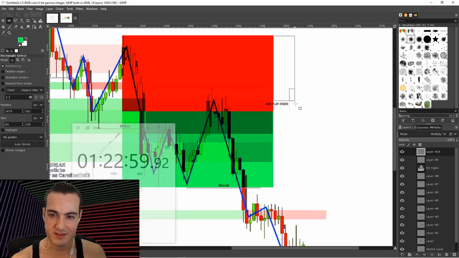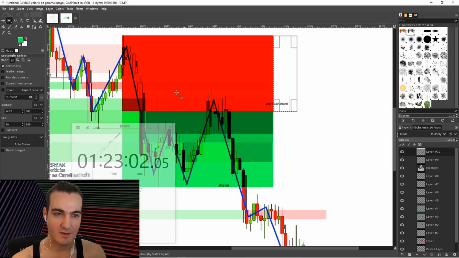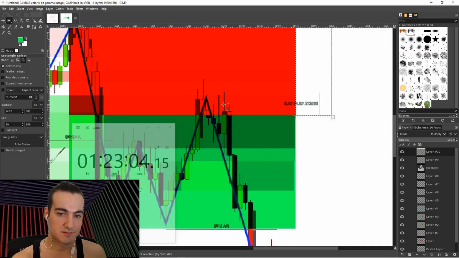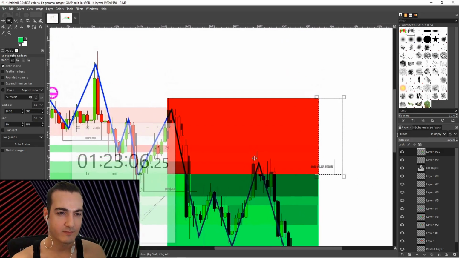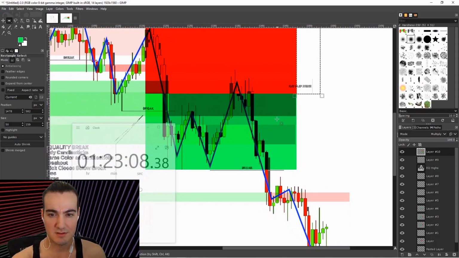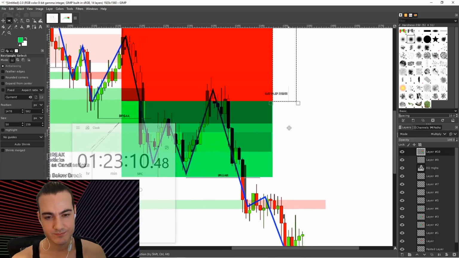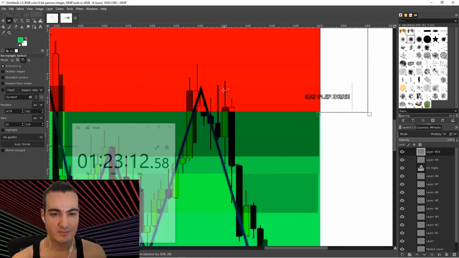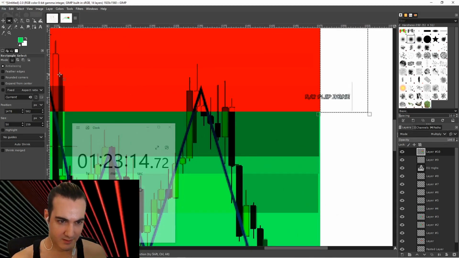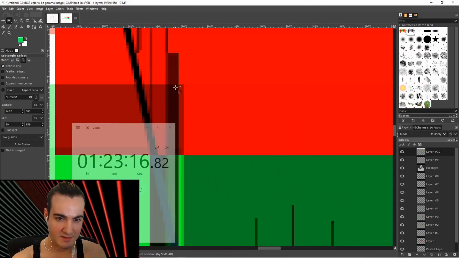But anywhere in this top half would be an area of interest for starting a short position. And we see price comes up to fill the top of this imbalance.